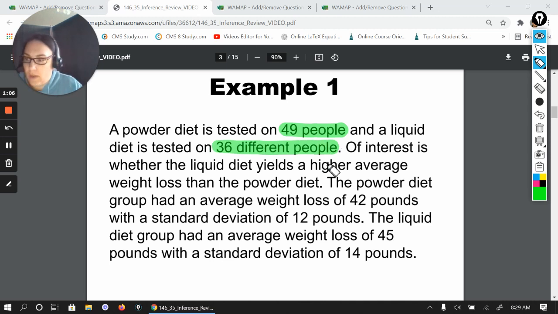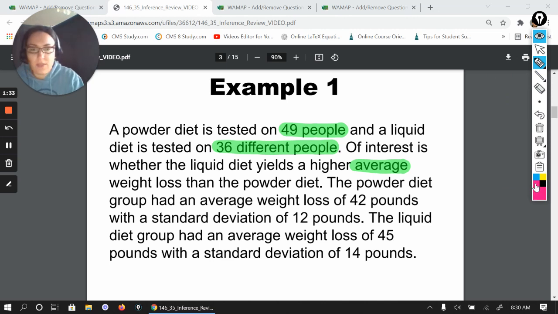Of interest is whether the liquid diet yields a higher average weight loss than the powder diet. The powder diet group had an average weight loss of 42 pounds with a standard deviation of 12 pounds. The liquid diet group had an average weight loss of 45 pounds with a standard deviation of 14 pounds.